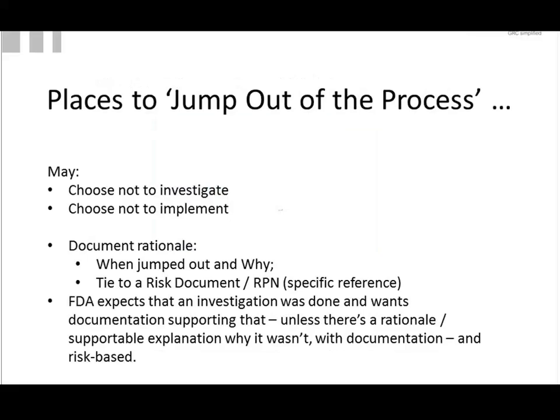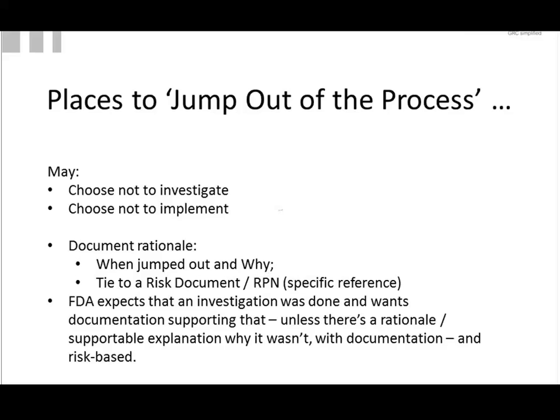Now, you may find in the root cause analysis that you head down a wrong pathway. Jump out of the process, make a notation to explain why, so it's obvious you didn't just drop the ball, so to speak. If it becomes evident through, say, another course of action by someone else or somewhere else, or that your course of action leads you to a previous study, then you can jump out of the process there and stop it and refer to the previous study, which resolves the issue.